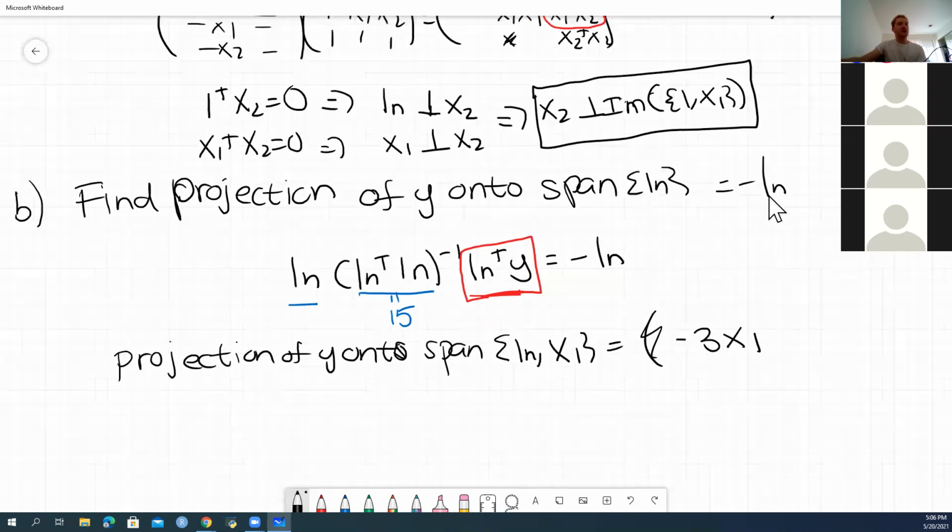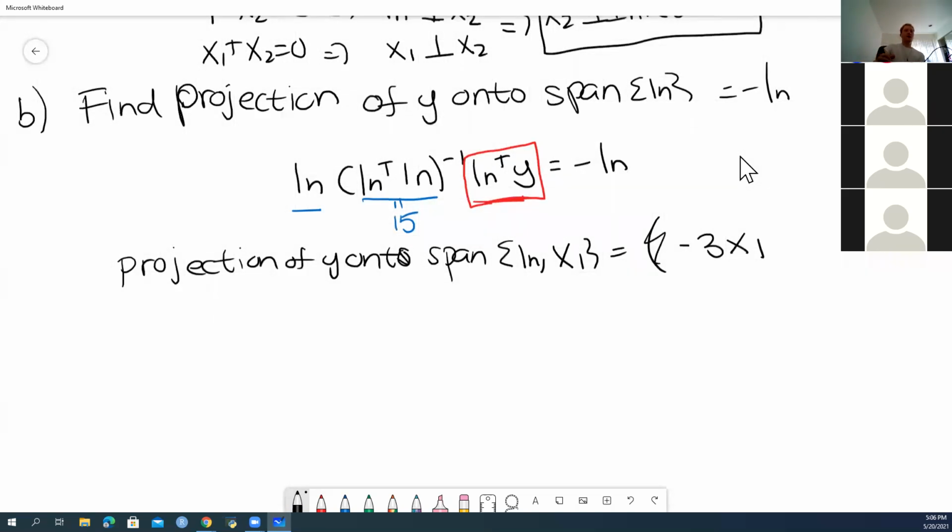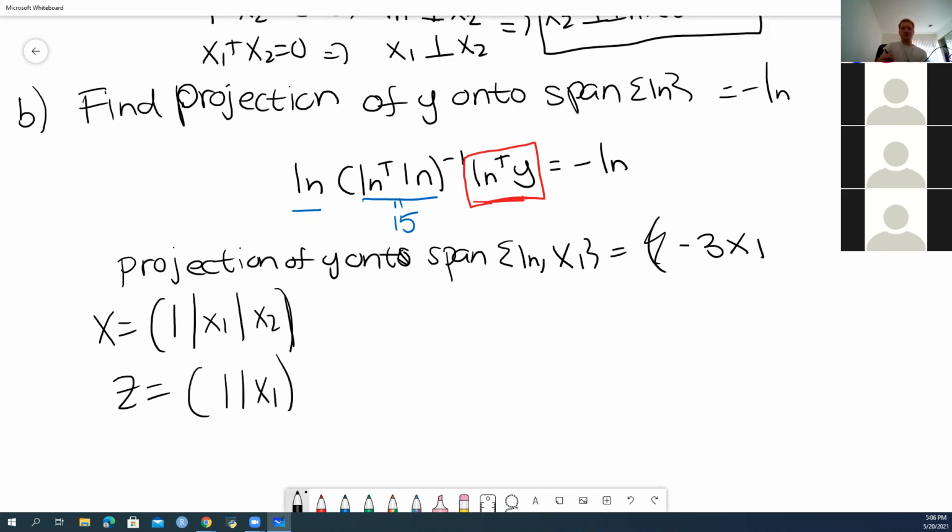In terms of a different way of writing this, remember we said x is equal to 1, x1, x2. If we let z just be 1, x1, then instead of the data matrix being 1, x1, x2, we can say z is just 1, x1 and go through regular regression.